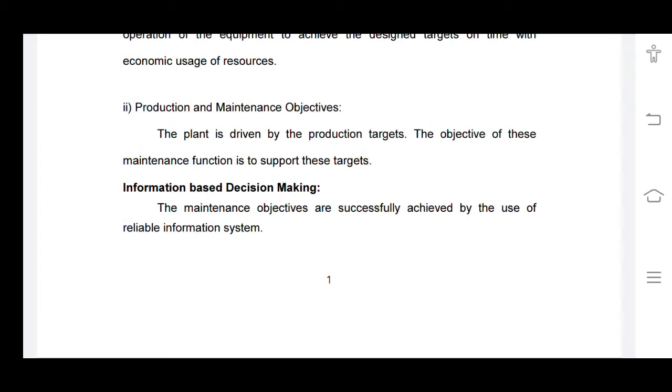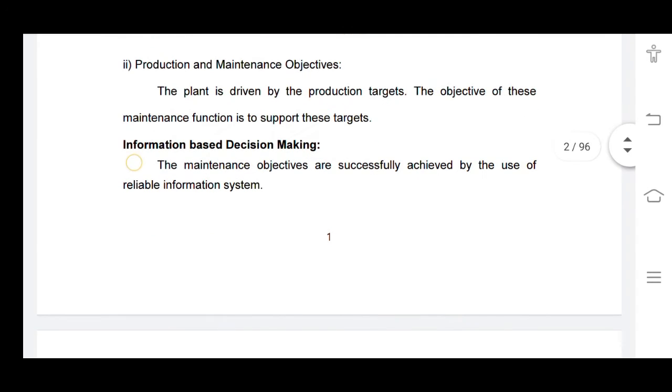Okay students, so we have to measure the performance of this engineering object. The performance of an engineering object involves many dimensions and it depends upon the manufacturer or customer.